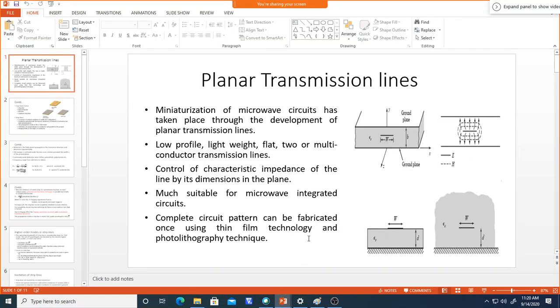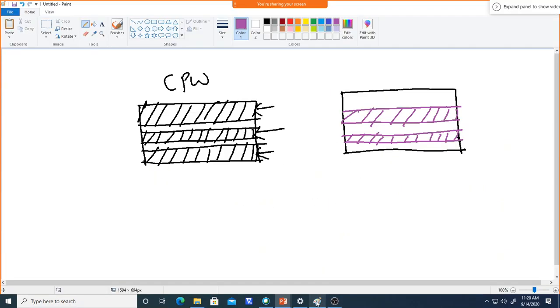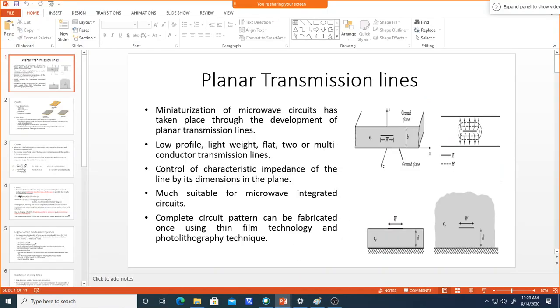Also, by varying the width and thickness of the conductor lines, whatever you use, the impedance of these lines can be controlled. That is another important parameter, because the characteristic impedance of the line we design is very important.